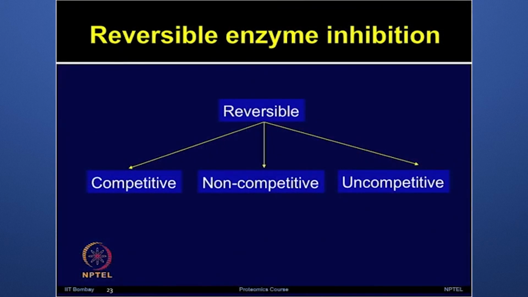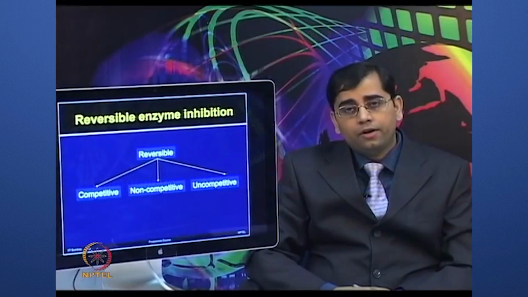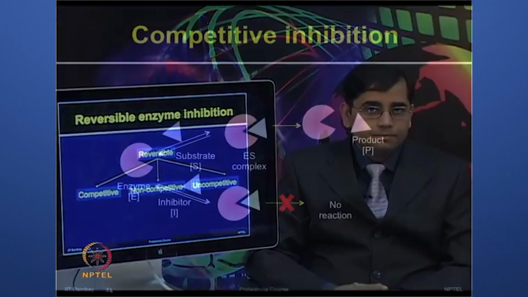The reversible inhibitors dissociate rapidly, and the enzyme inhibitor EI complex is dissociated. There are three different strategies for reversible enzyme inhibition: competitive, non-competitive, uncompetitive or mixed inhibition.